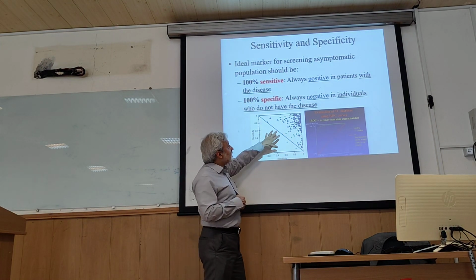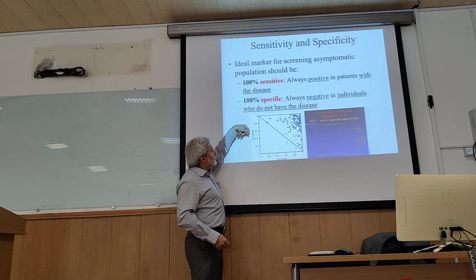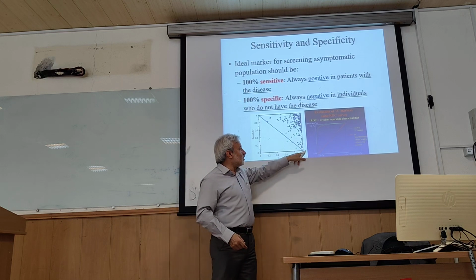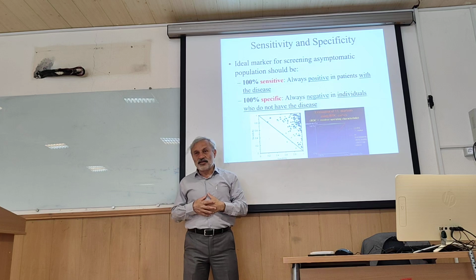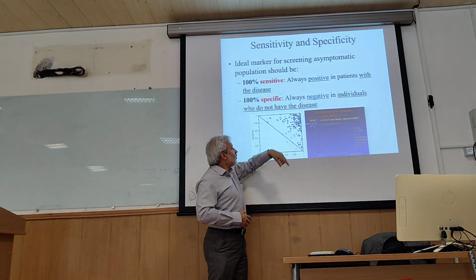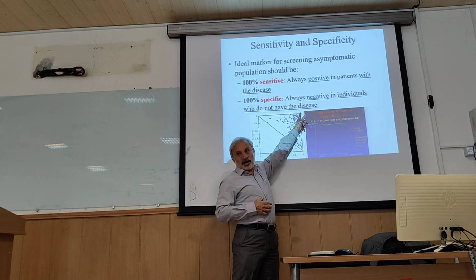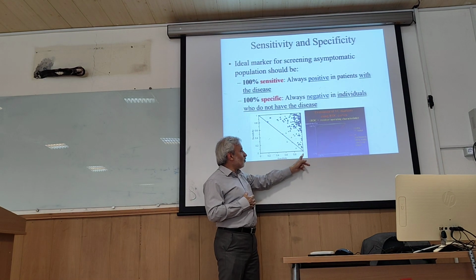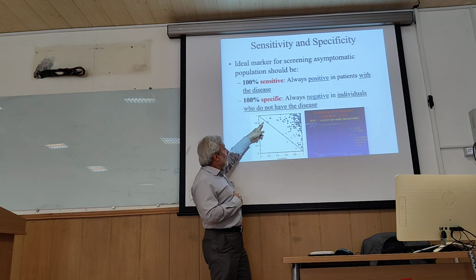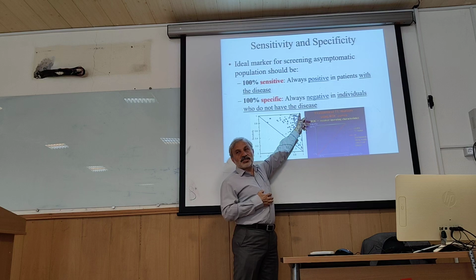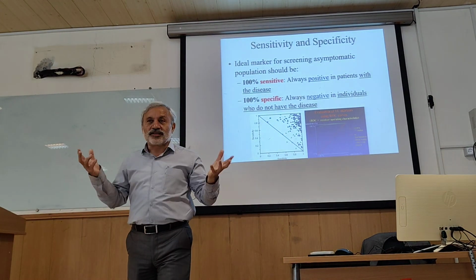Suppose this one is 100% sensitivity and this one is 100% specificity. Which test is the best? I suppose this test is the best one, because this is 100% and this one is 100%. It should be the best, but it is an ideal test.